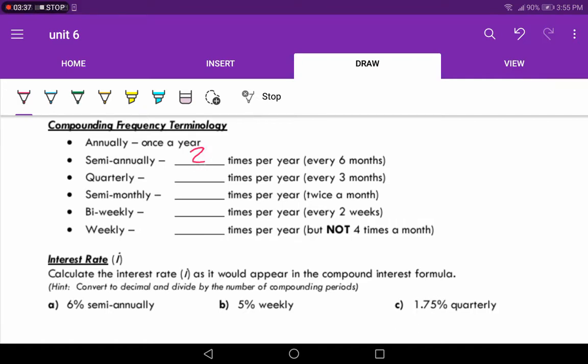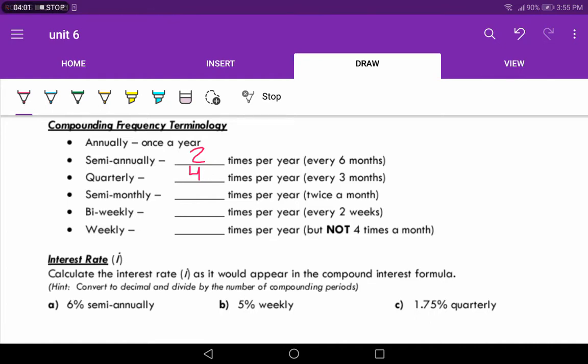So that means you're being compounded 2 times per year or every 6 months. Quarterly, we know that quarter means 4. So that means your money is getting compounded 4 times a year. So that means at 4 different points, it is going to add on that interest, and you're going to start making interest on that new amount.